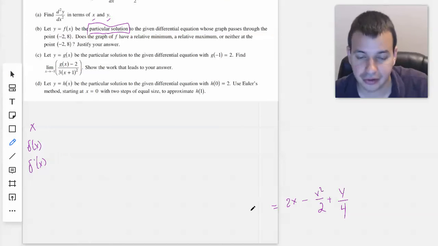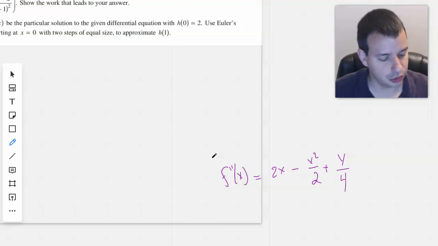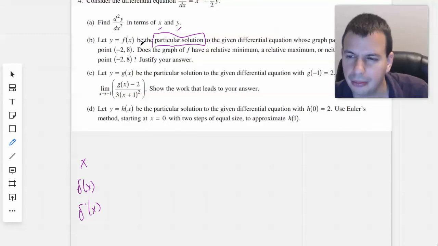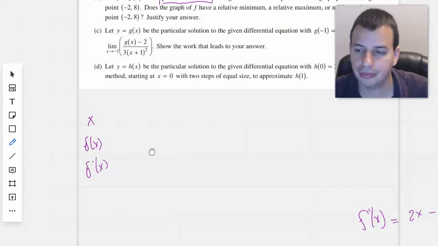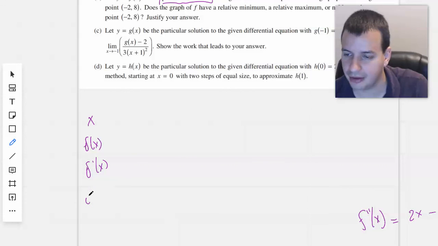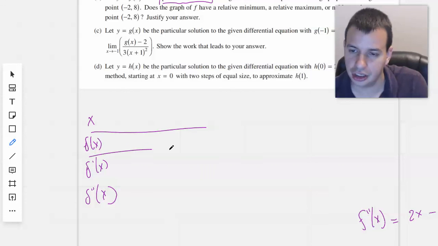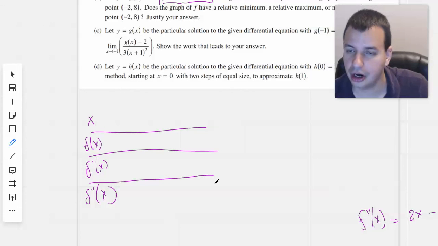And we have f''(x) equals this. I probably should have f''(x) over here as well. And we'll draw some lines to flesh out our sign chart.